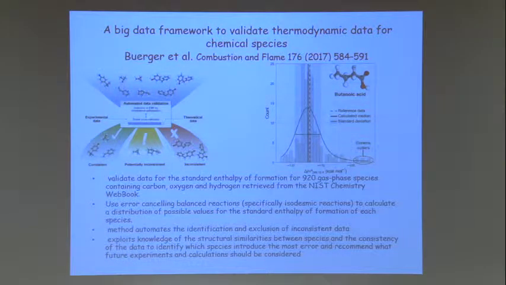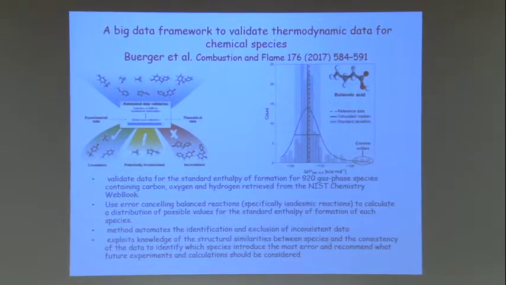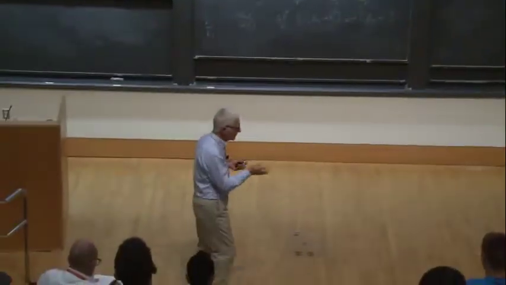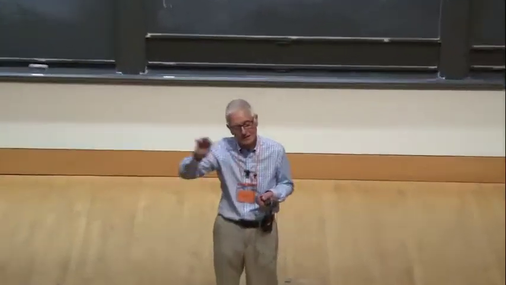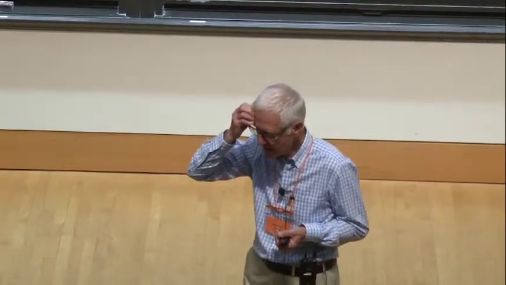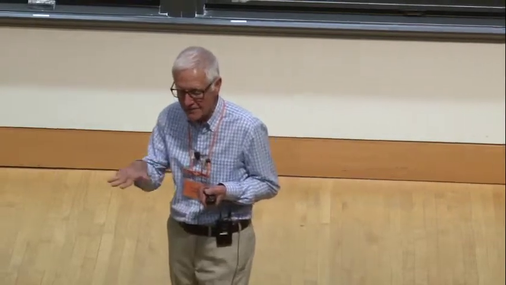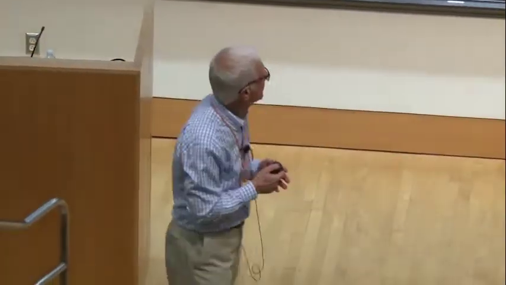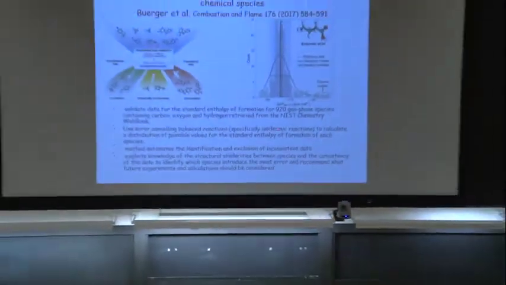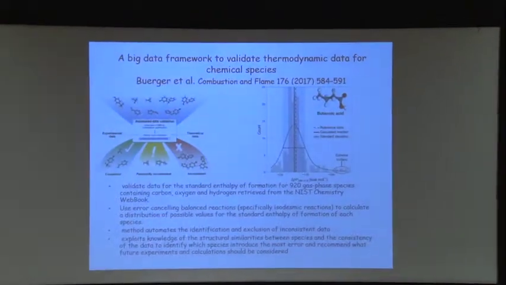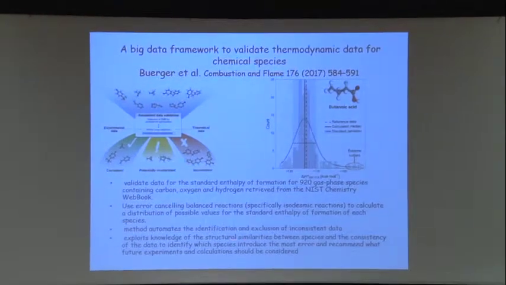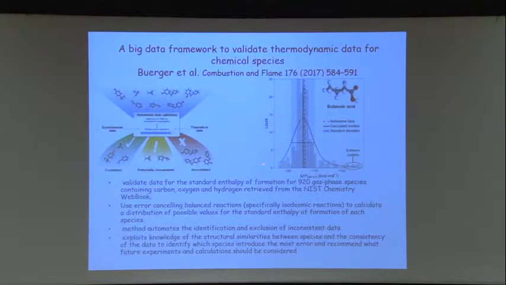Now, what they mean by isodesmic reactions are reactions in which there are the same number of atoms on one side of the reaction as on the other. And it turns out that under these circumstances, they can minimize the energy of reaction, the enthalpy of reaction, and that allows them to calculate these things more rapidly. So they're using NIST, but then they're doing DFT calculations, and the method automates the identification and exclusion of inconsistent data.